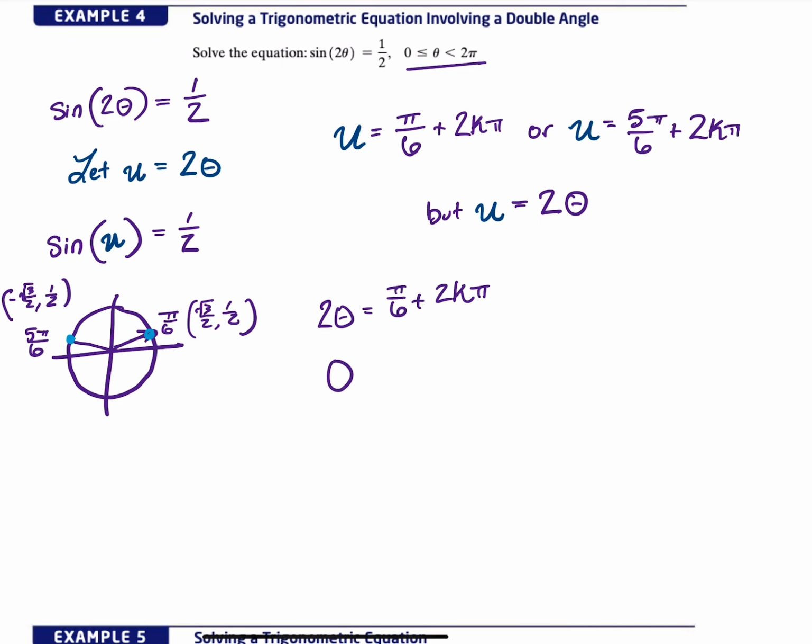Then we'll get that theta equals pi over 6 divided by 2. That's like multiplying by 1/2. Pi over 12. And then we have to also divide this term by 2 as well, this general term. We have 2k pi divided by 2, and we'll just get k pi, some multiple of pi. So like 1 pi, 2 pi, 3 pi, 4 pi, or also negatives as well.